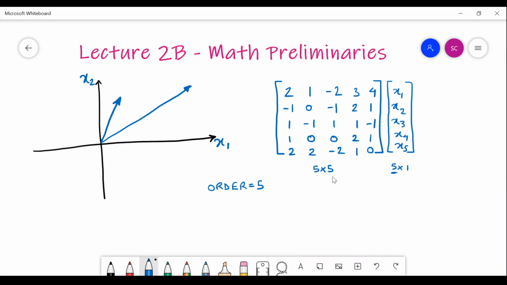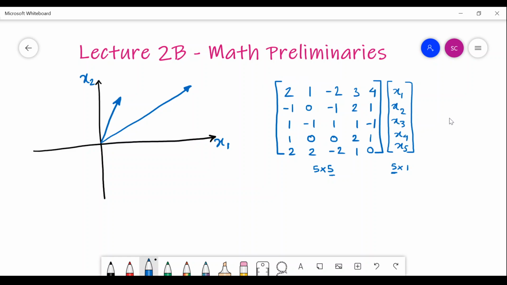This is matching with this, only then we can do this product, correct? Now let us dig a bit deeper into the matrix operating on a vector, and see what we are actually getting.